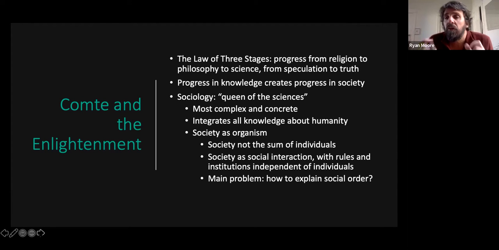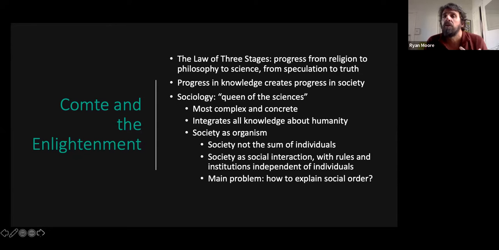So again, for him, the question is how can we organize that society, with its rules and institutions, in order to maintain social order? Under what conditions does this social organism operate with a kind of internal order, in which it reproduces itself and maintains a certain stability or equilibrium?